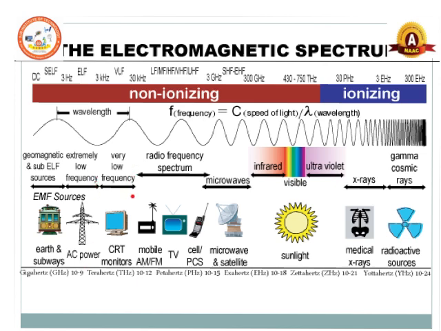Very low frequency, 3 kilohertz to 30 kilohertz, is used for CRT monitors. Next comes the RF, radio frequency range, that is 30 kilohertz to 3 gigahertz. This range is usually used for mobile, AM or FM, TV, and cell phone or PCS.